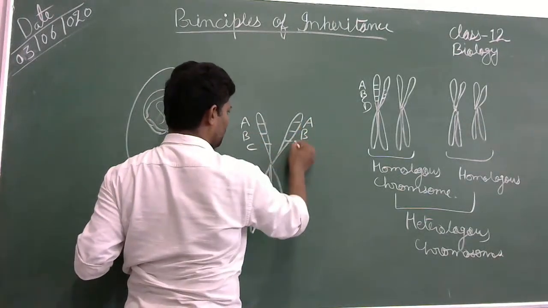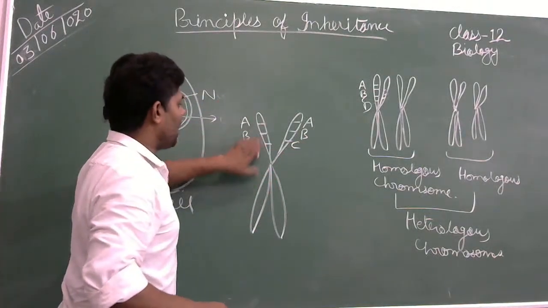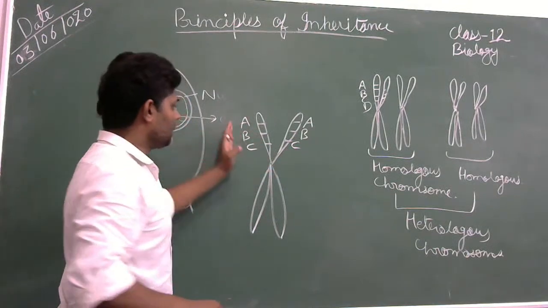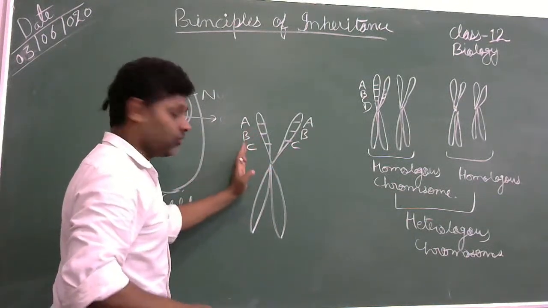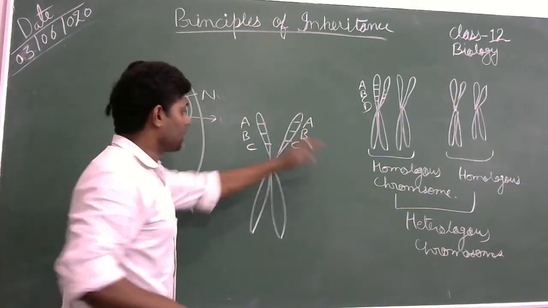This is A, B, C. They are the sister chromatids, and these sister chromatids have the same genes. It's one sister chromatid, and then the same in the next sister chromatid.